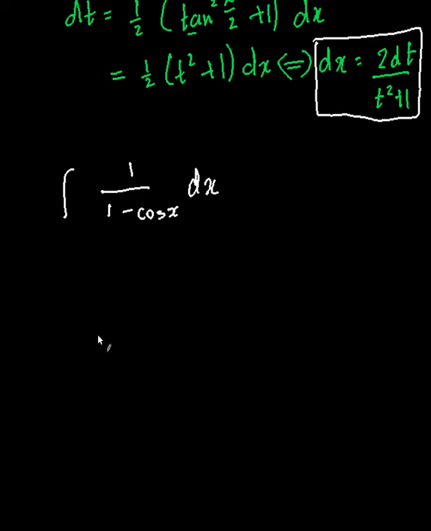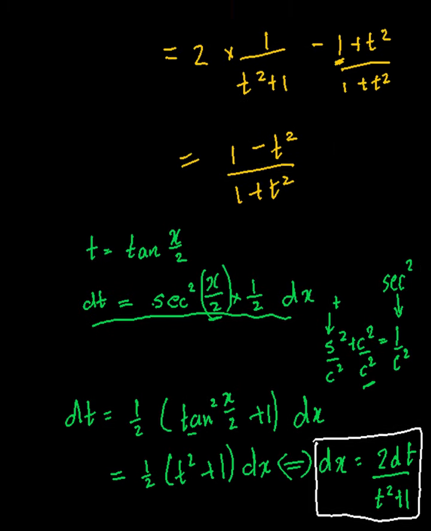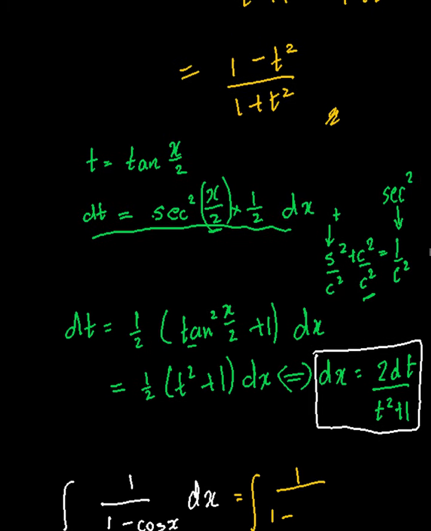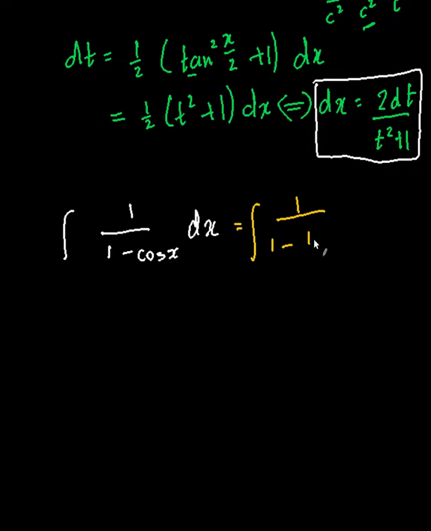So the integral of dx is finally going to be the integral of 1 over 1 minus, so remember cos x, if I go up, is equal to 1 minus t squared over 1 plus t squared, and dx is equal to 2 dt over t squared plus 1.